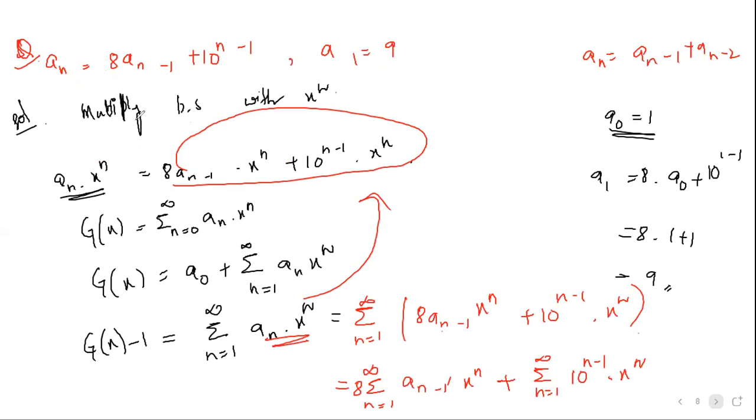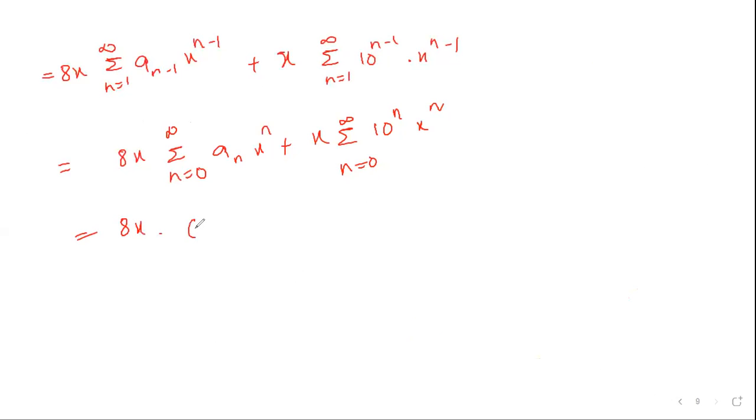So we can replace it as 8x into g of x plus x into, this was the formula, 1 by 1 minus ax, which is 1 plus ax plus a²x² and so on. Now if you see, this is 10⁰ x⁰, which is 1, then 10x plus 10²x² and so on.